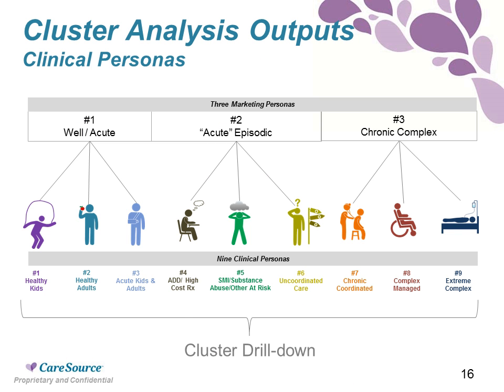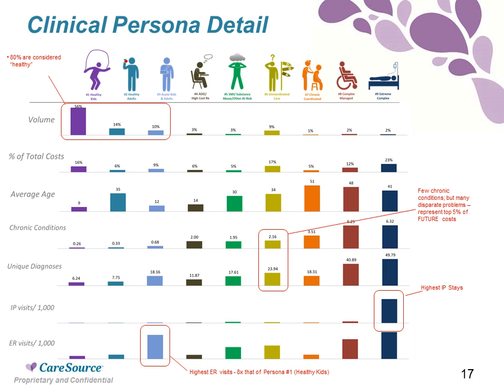Okay, so moving into a little bit more detail of these individual personas, I'm just going to highlight some things along the way. If we look again at the 3 healthy ones, that represents 80% of our population. Then let's look over at the bottom right in our extreme complex.